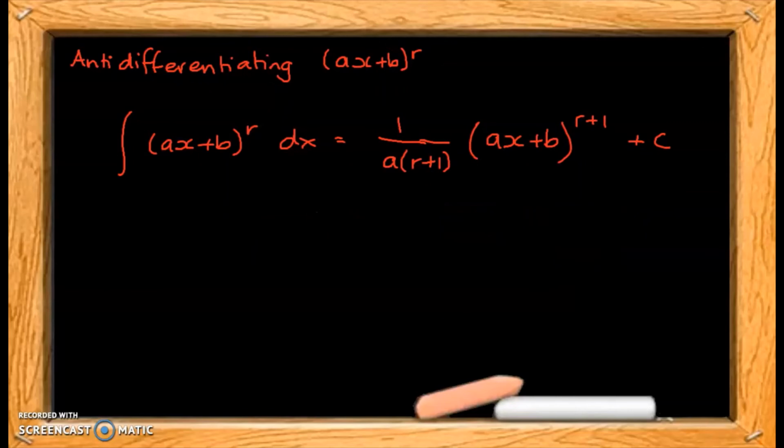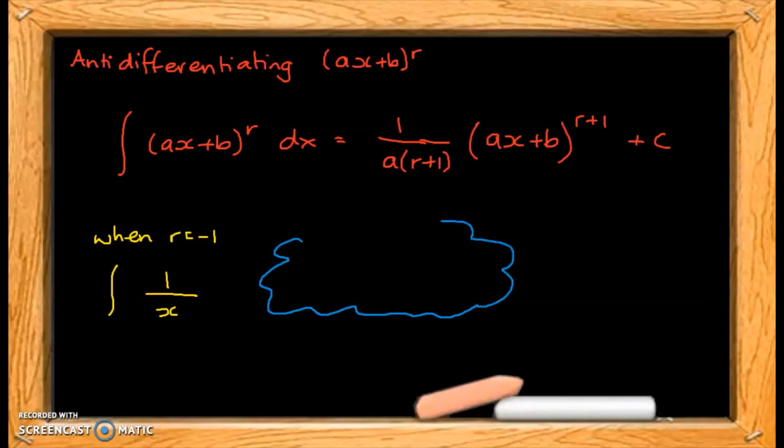So when r is -1, we've effectively got a case where we're looking at an integral of 1 over some expression to do with it. And if we remember our differentiation again, consider that the derivative of log x equals 1 over x.